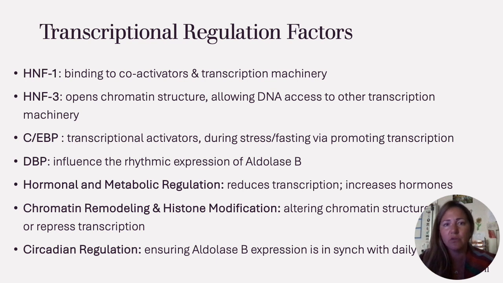And then we have the glucagon and glucocorticoids, and these activate transcription factors. These hormones are increased during fasting, leading to the upregulation, promoting gluconeogenesis, and the upregulation of aldolase B expression during fasting to maintain that homeostatic blood glucose level.